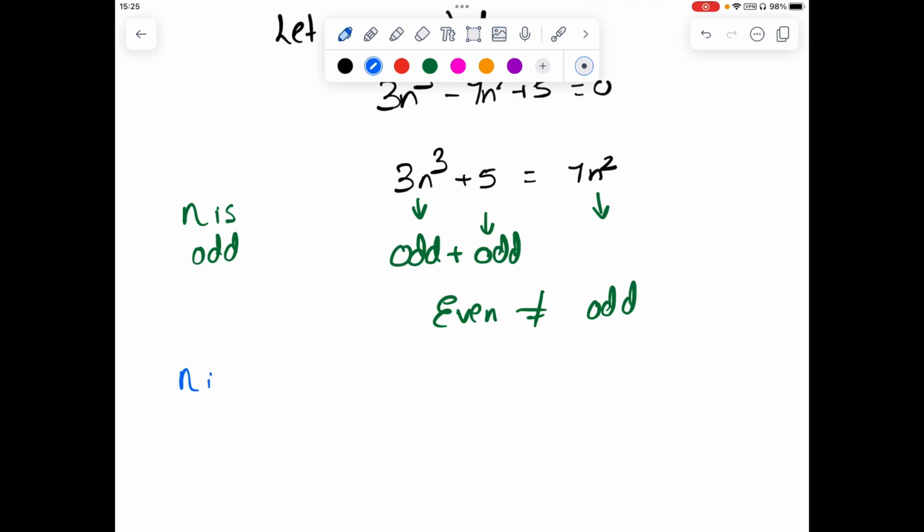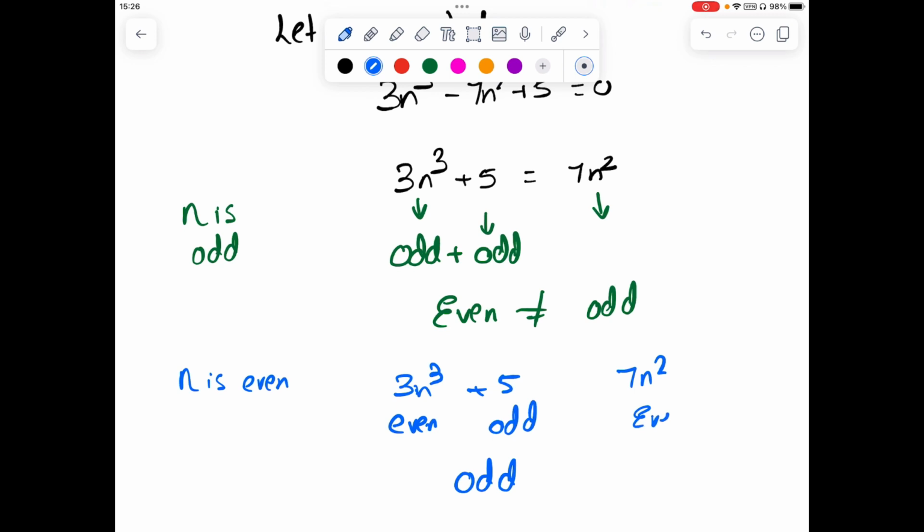Now the second case: if n is even, 3n cube is even and 5 is an odd number. An even number plus an odd number is an odd number, and 7n square is an even number. An even number cannot equal an odd number, so it is not possible.